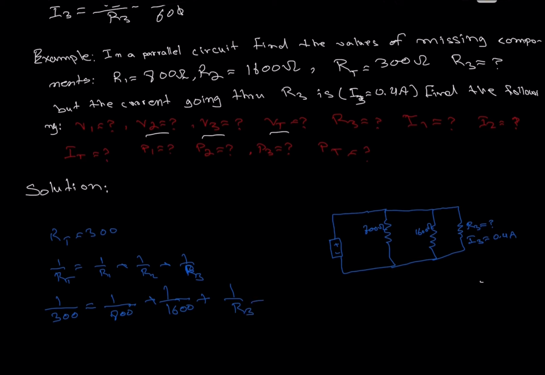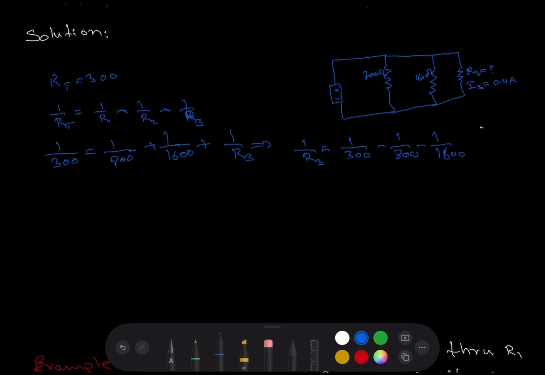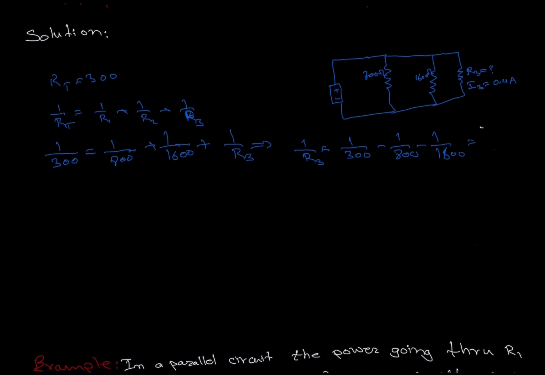So we will leave 1 over R3 on the right side and move these values to the other side. It will be 1 over 300 minus 1 over 800 minus 1 over 1600. The LCD for this one will be 4800.